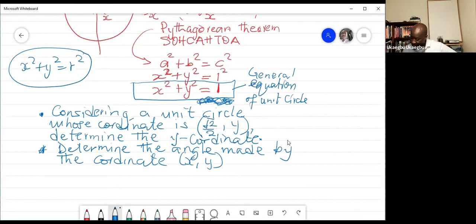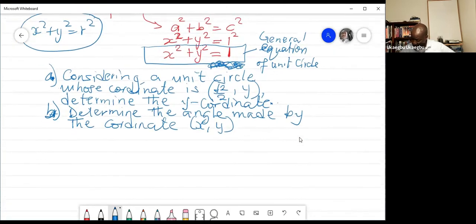So the question reads once again, considering a unit circle whose coordinate is square root of 2 divided by 2 comma Y, determine the Y coordinate. Then secondly, determine the angle made by the coordinate X and Y. All right, so this is A and this is B. So let's try to figure it out. And usually we write our solution.